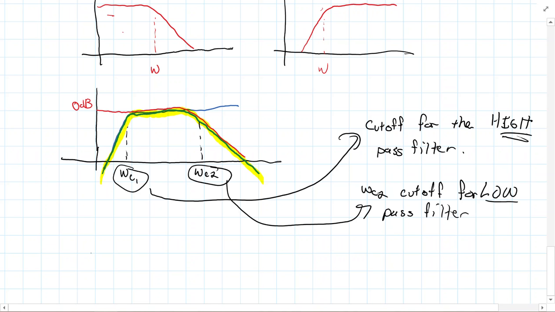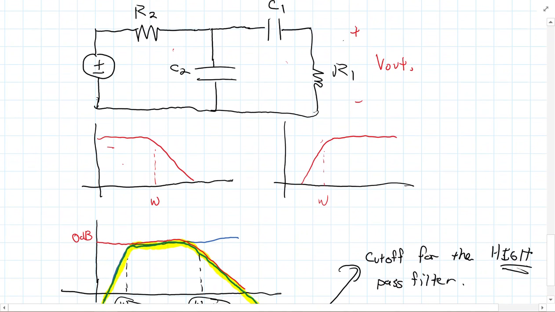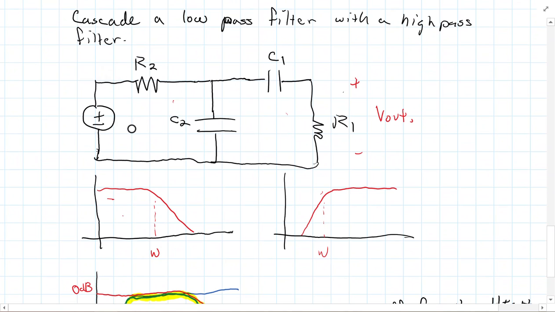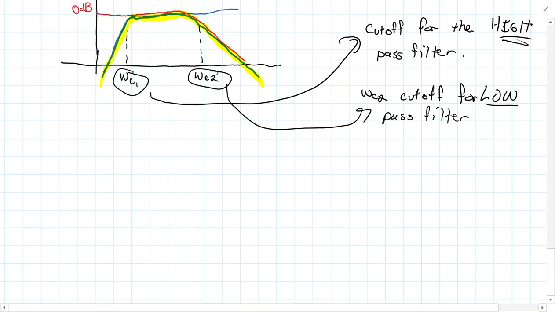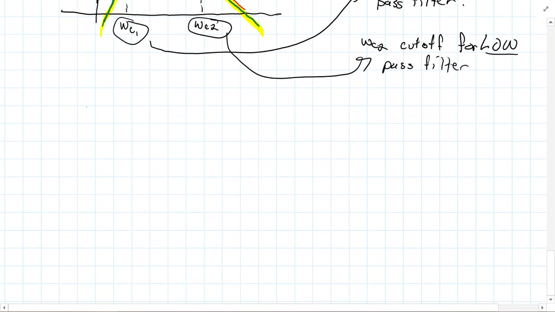So what we're saying here is, if we look at this circuit here, that's why I labeled it here, omega C2 is 1 over R2 C2, and omega C1 is 1 over R1 C1. So I'm going to write them down here, and we're going to do an example then.